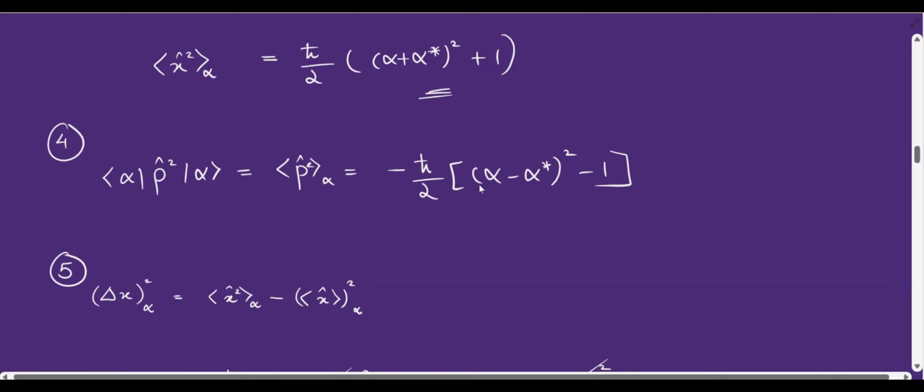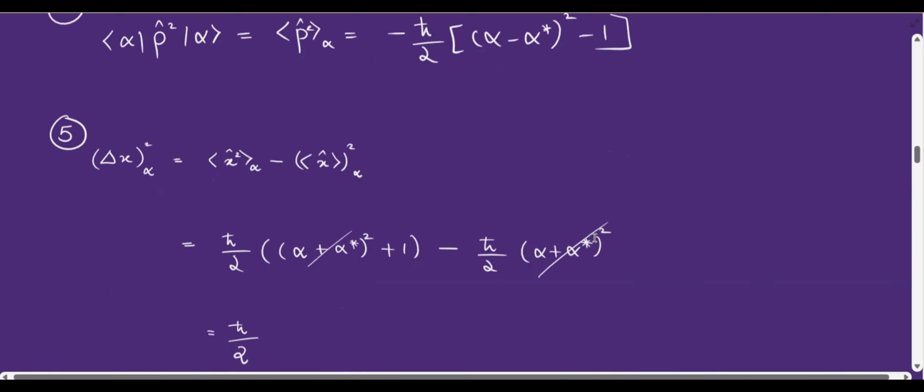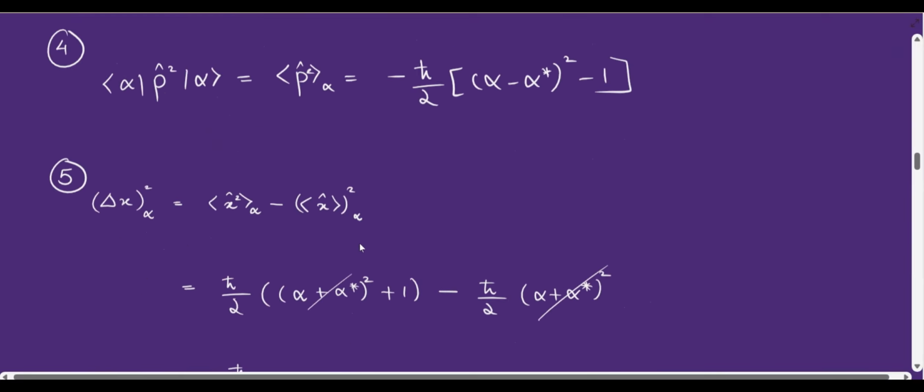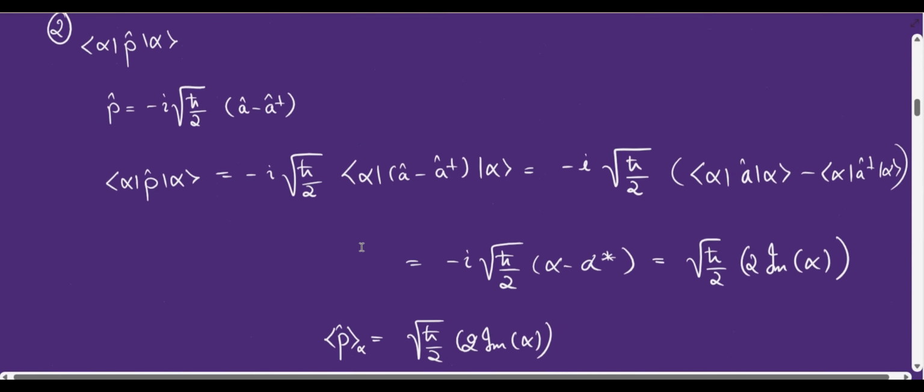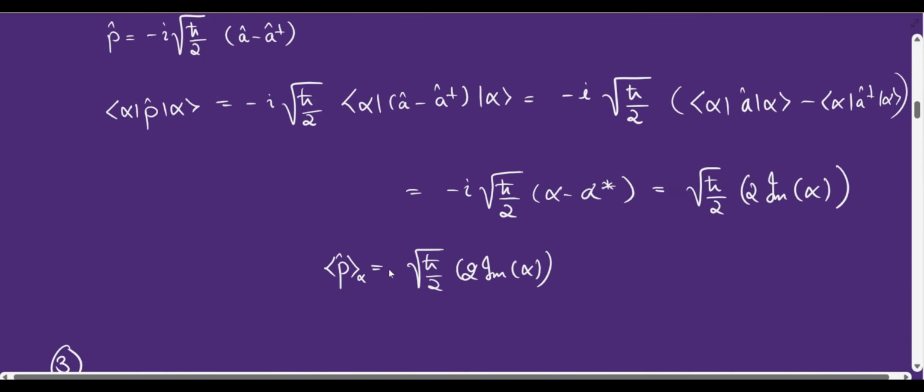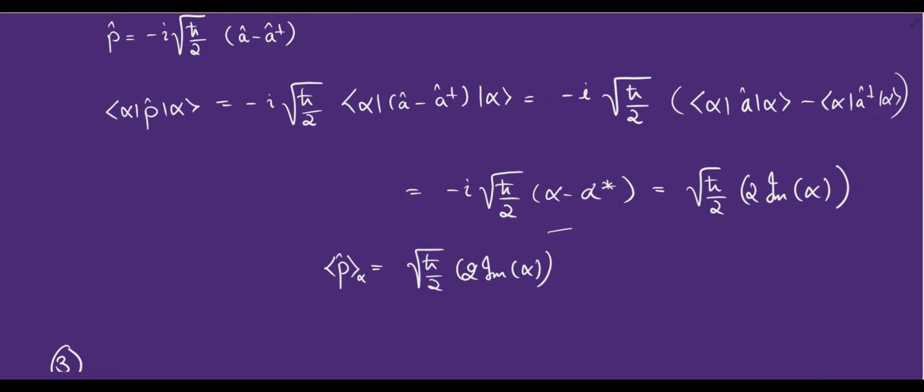This is minus h bar by 2 times alpha minus alpha star squared minus 1, and the p cap expectation value squared is this. So minus minus plus, minus h bar by 2 times alpha minus alpha star squared.